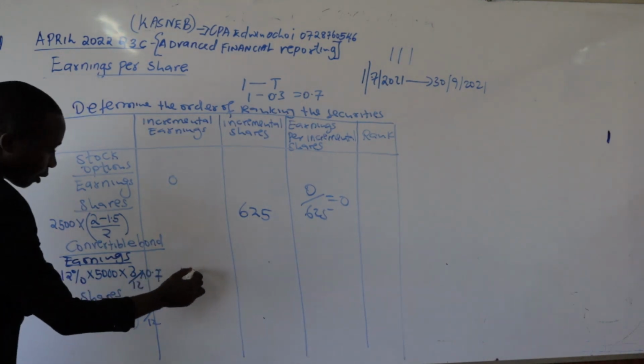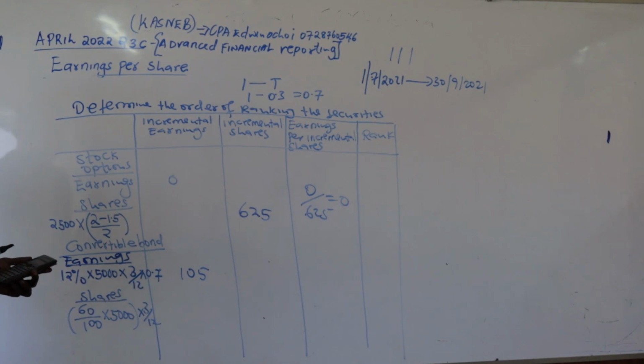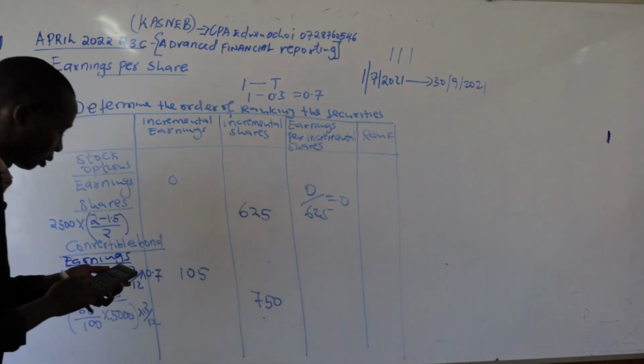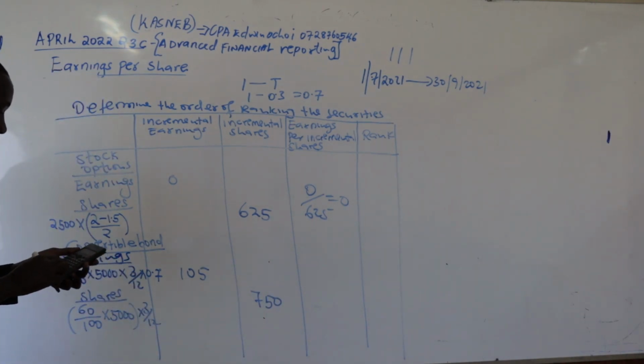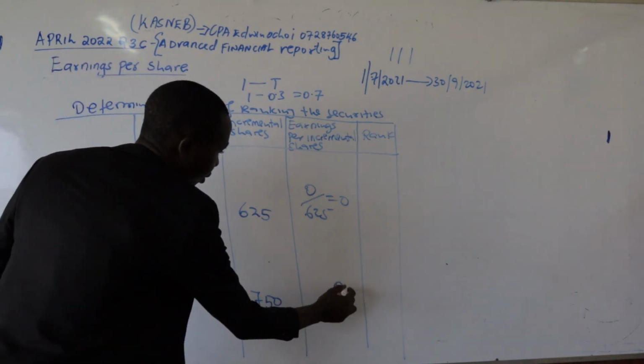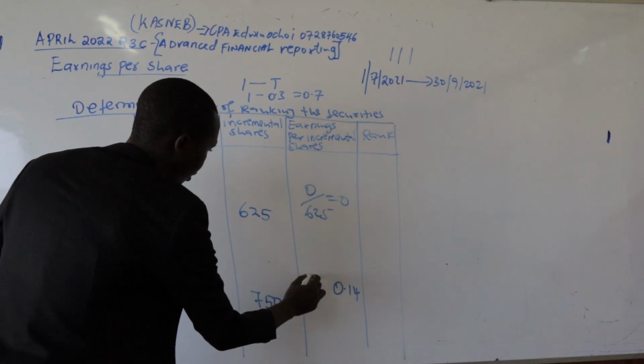This is 105. Then 60 divided by 100 times 5,000 times 3 over 12. This is 750. So you divide 105 by 750, and you get 0.14.